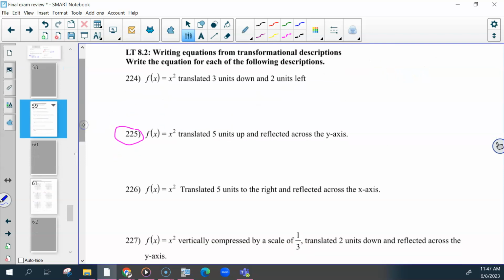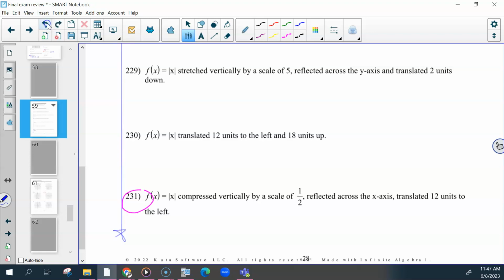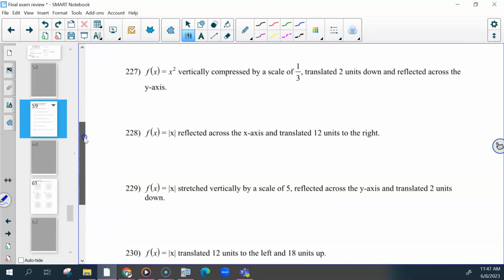So in 8.2, we have translated words, so we have to use those to write equations. Which of those do we want to go over first? Emma? 7. Okay. Any others?